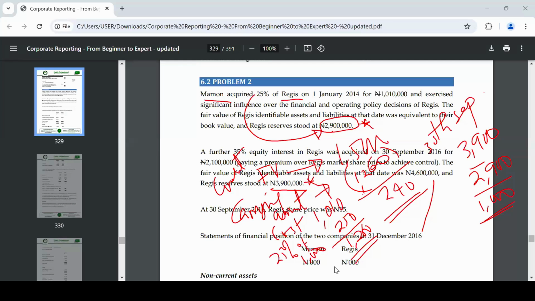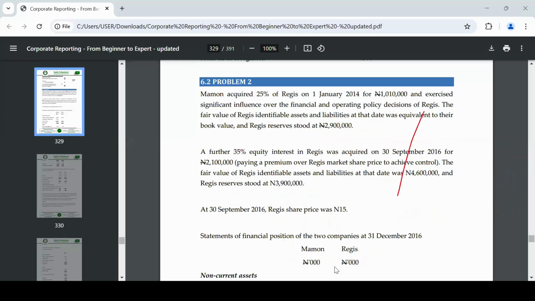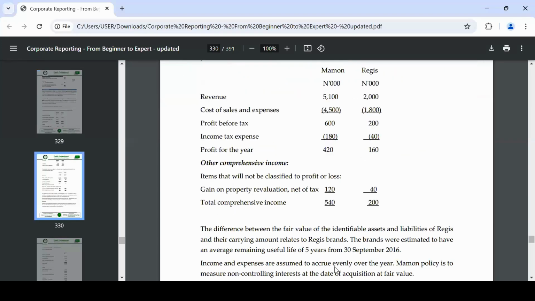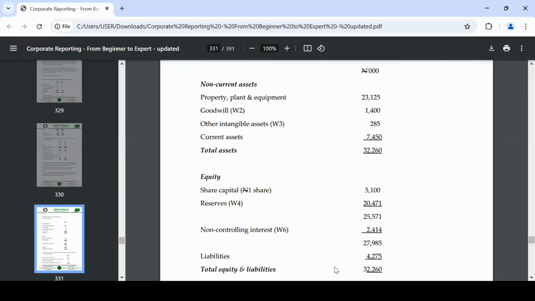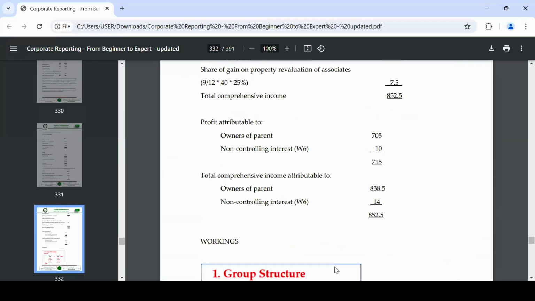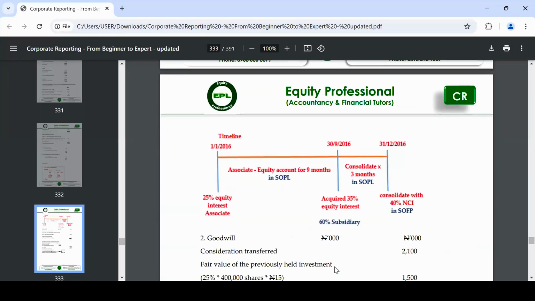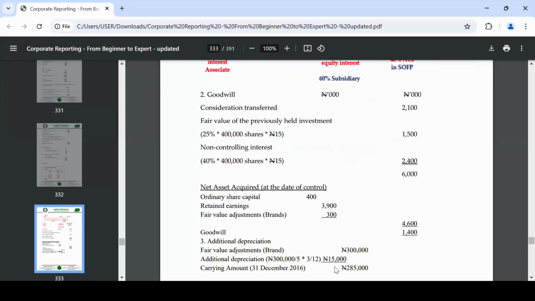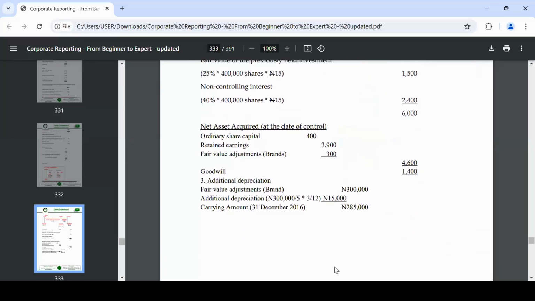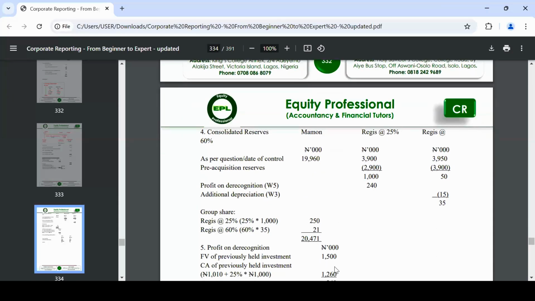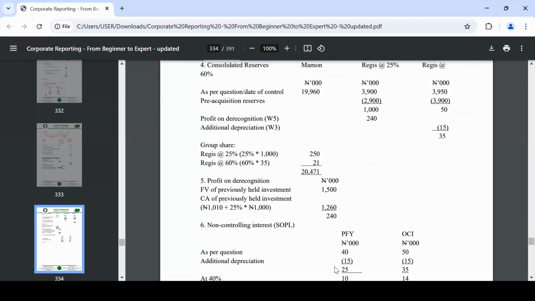All right. Okay, so we have seen how goodwill is calculated. We have seen how to treat the fair value adjustment of brand. And we now know how it is even going to impact our statement of profit or loss. And now we've also looked at profit or loss on derecognition. Now we can consolidate our reserves.